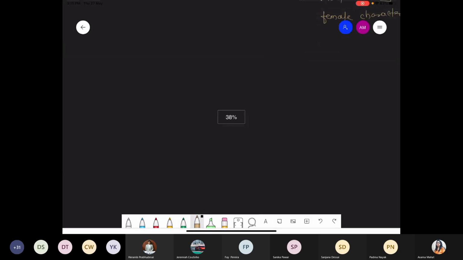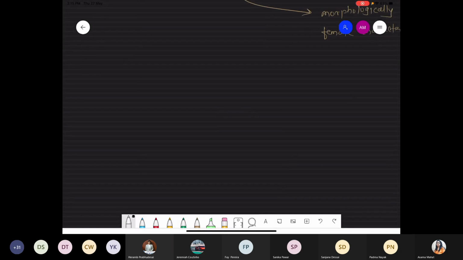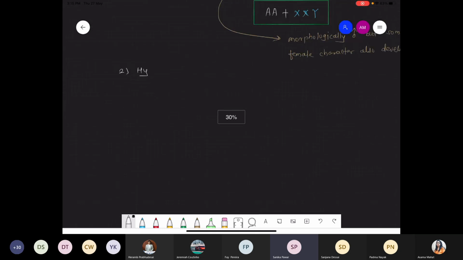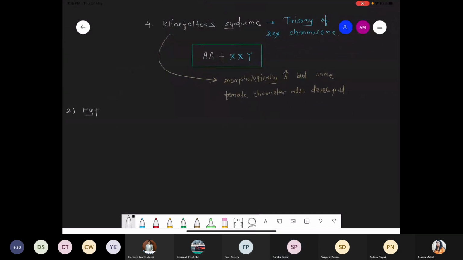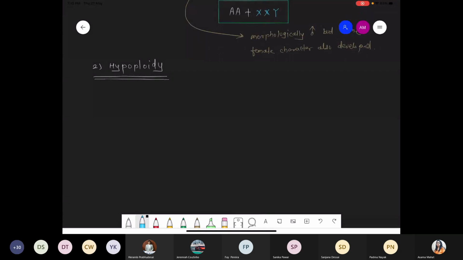There is a loss of chromosome, deletion of chromosome. Write down the title, hypoploidy. Hypoploidy means there is a deletion or loss of one copy or two copies. So we'll try to understand, taking the same example.